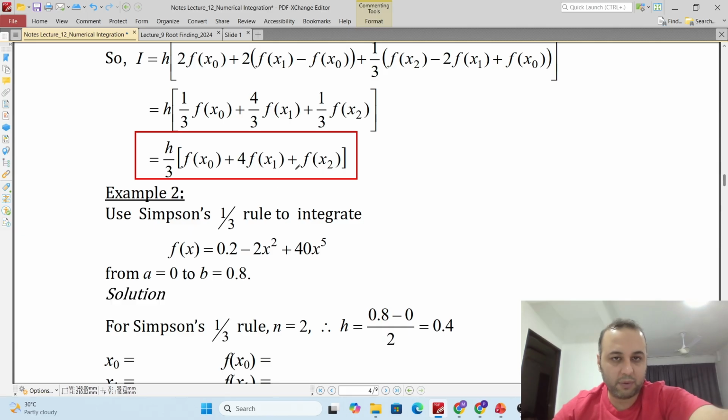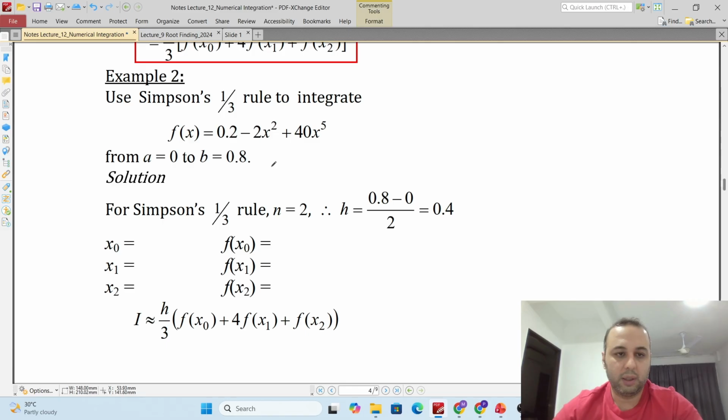The mid one has 4. The other side ones, the beginning and end of the interval or the range, don't have any coefficient. The coefficient means 1, doesn't have means 1. But the mid one, the coefficient is 4.